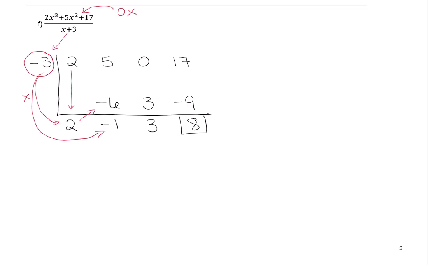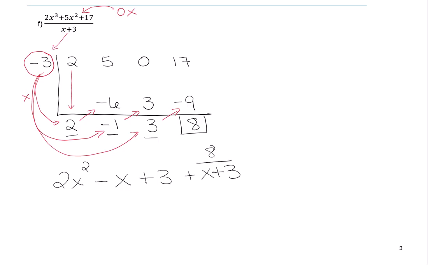We multiply and bring it up. We multiply and bring it up. So we started with our dividend here as a degree of 3. So that means these coefficients are going to start with a degree of 2: 2x squared minus 1x plus 3, plus we have a remainder of 8, and we can write that over our divisor of x plus 3.